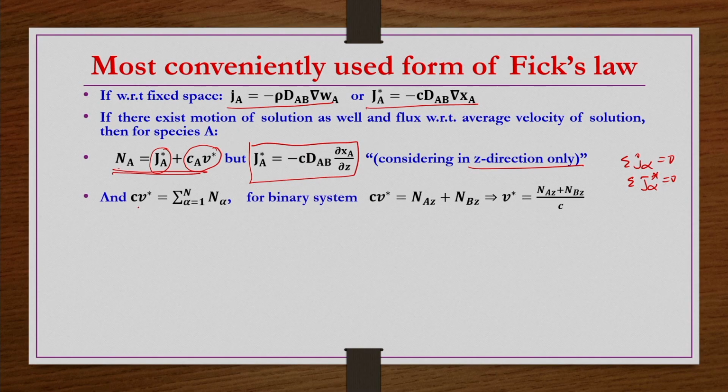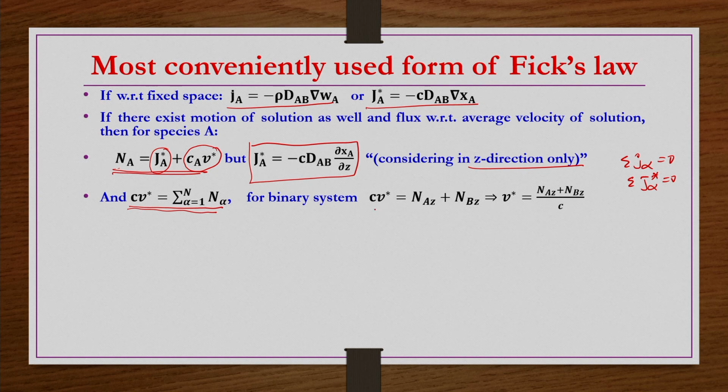So, when you do these two, what you get is C V star is nothing but sigma N alpha, because sigma C alpha V alpha is nothing but C V star, that also we have seen. So, sigma N alpha is nothing but C V star. From here, V star you can have as sigma N alpha by C.